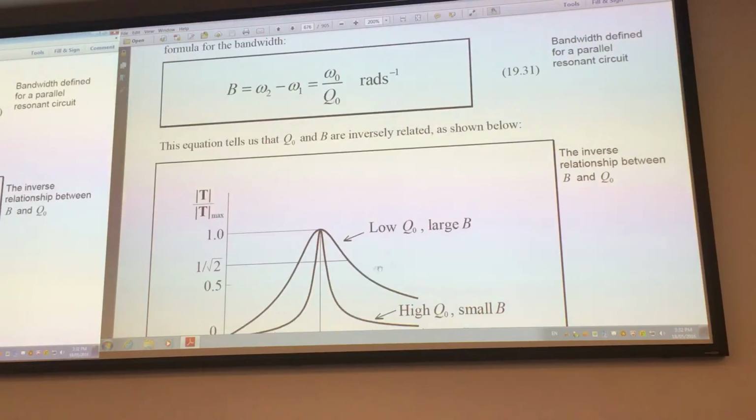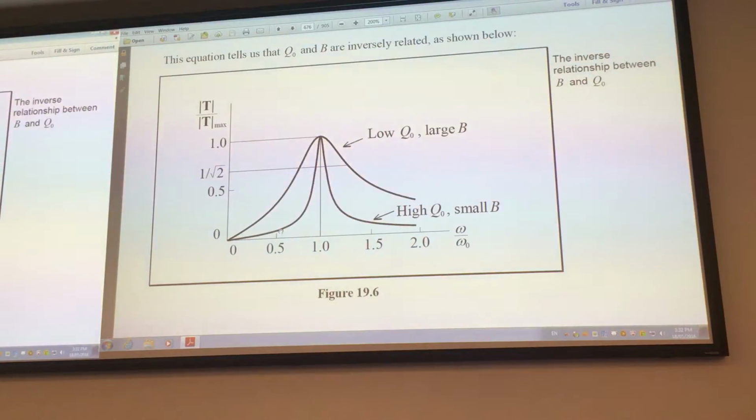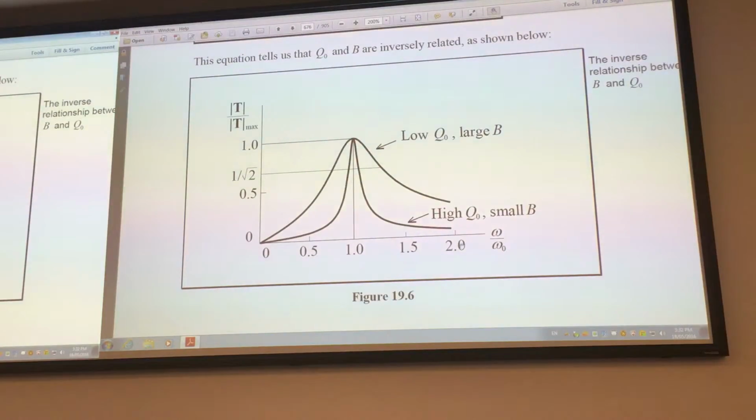So lots of formulas here. What is important to remember, much more important than remembering all these formulas, is to actually understand what's happening, how the response looks for different values of Q. That's actually why this coefficient is called the quality factor.